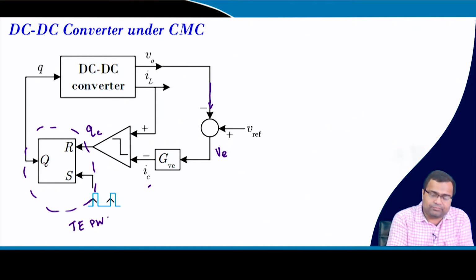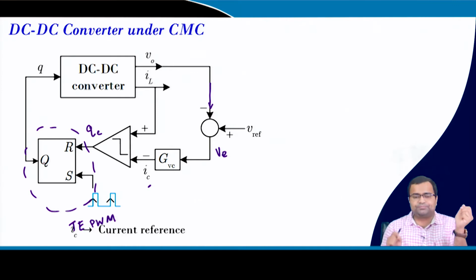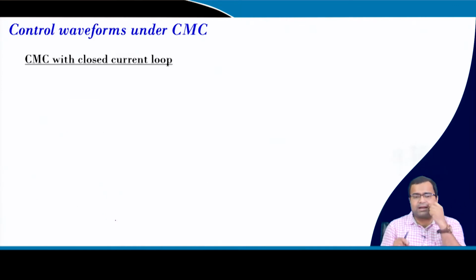The switch turns on at the rising edge of the switching clock, and it turns off when the inductor current touches the peak current. This logic is under trailing edge modulation and it is peak current mode control, but the same analysis can also be applied for valley and average. So, here IC is the current reference.